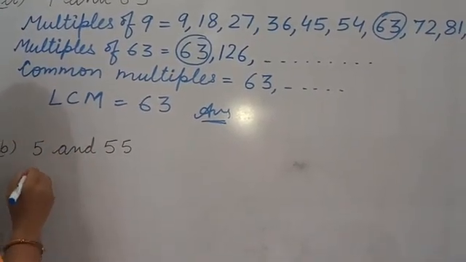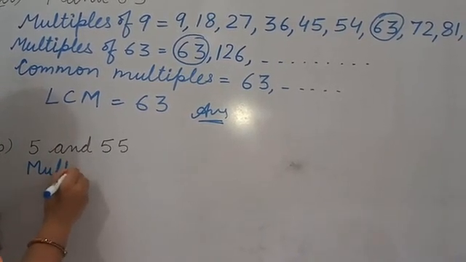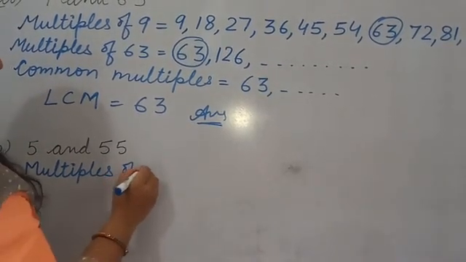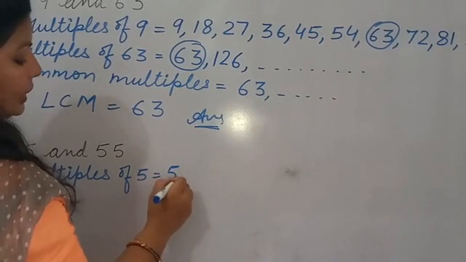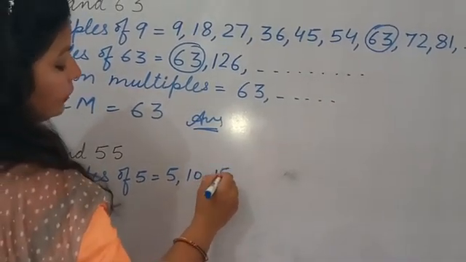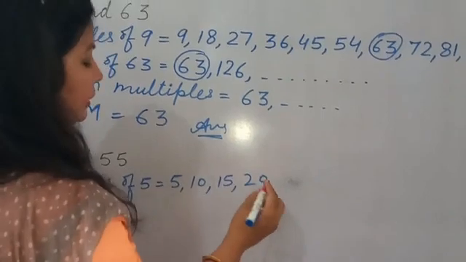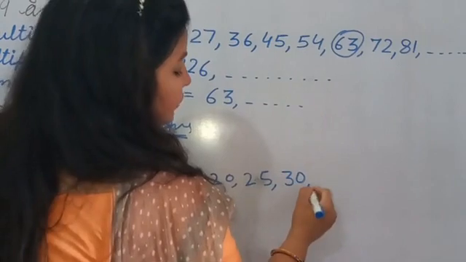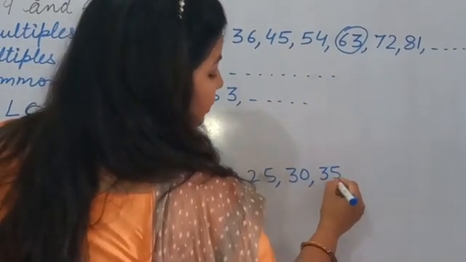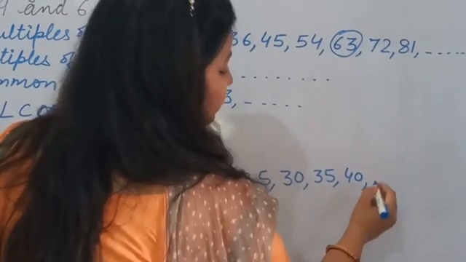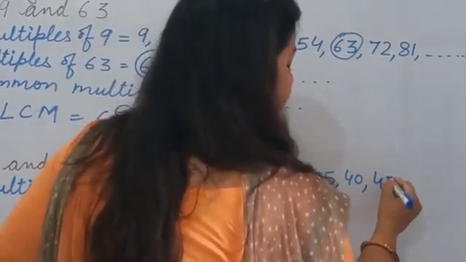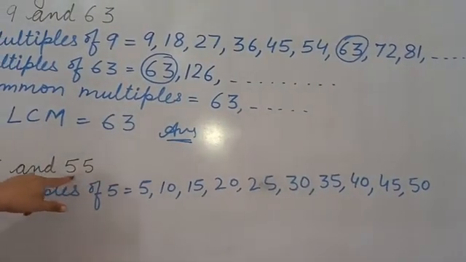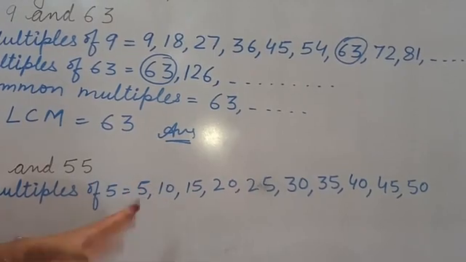So multiples of 5. 5 ones are 5, 5 twos are 10, 5 threes are 15, 5 fours are 20, 5 fives are 25, 5 sixes are 30, 5 sevens are 35, 5 eights are 40, 5 nines are 45, 5 tens are 50, but till here we don't get a common one, because we have 55 here.